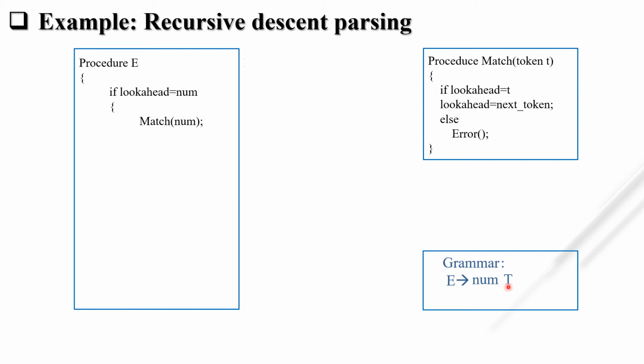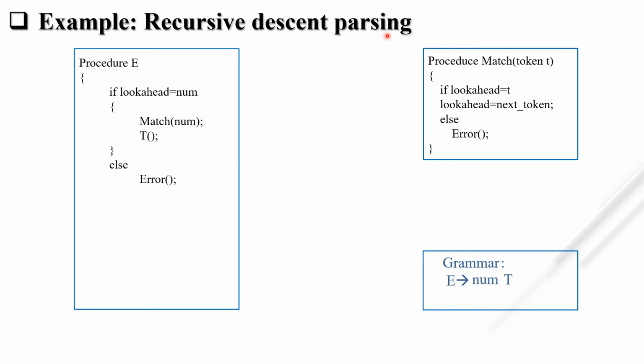If a non-terminal is on the right hand side, then we simply have to call it. If there is a production rule for this non-terminal T, then we have to create one procedure T, but we have to write it in a different portion. Next, see what our next production is.